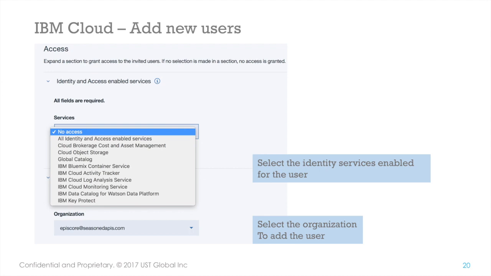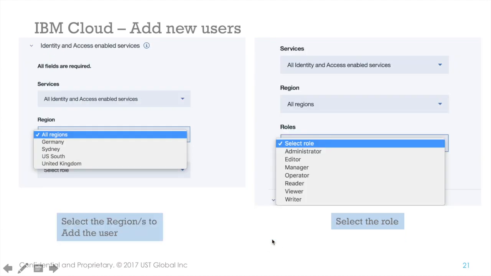And then we define the different accesses or the different permissions and rights that this user will have, like all the identity and access enabled services, the global catalog, or the different elements. And then the organization, the region, and the role.